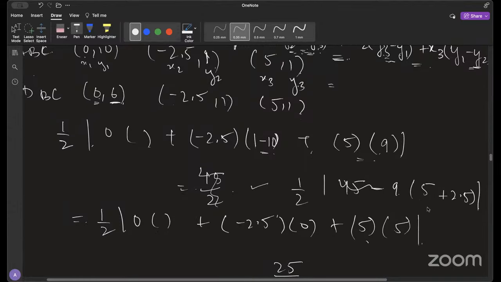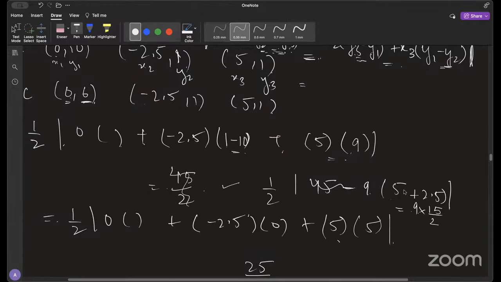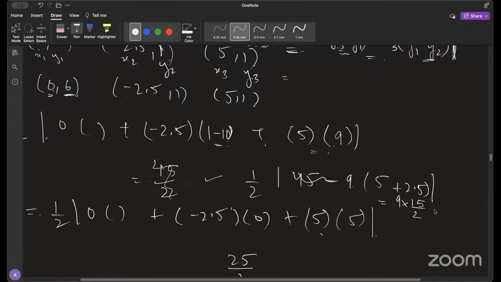This is going to give you 7.5 into 9, which is 15 by 2 into 9. Wait, wait. This is what you will get, and okay, this should be the answer then.